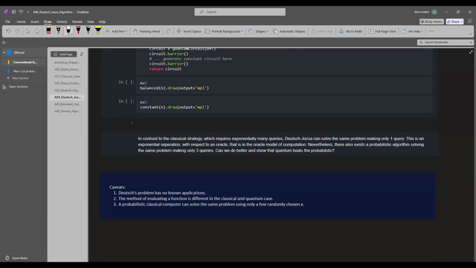But here we need to be very specific. Very often a company would claim that we achieved quantum supremacy. If we solved the problem classically, it would take, let's say, 10,000 years. But if we solve it our way, we just need to wait one day or even sometimes 10 seconds.